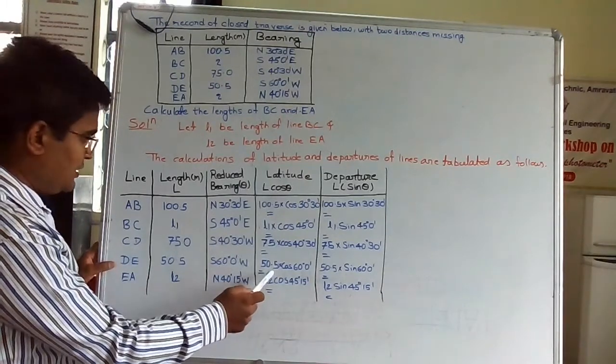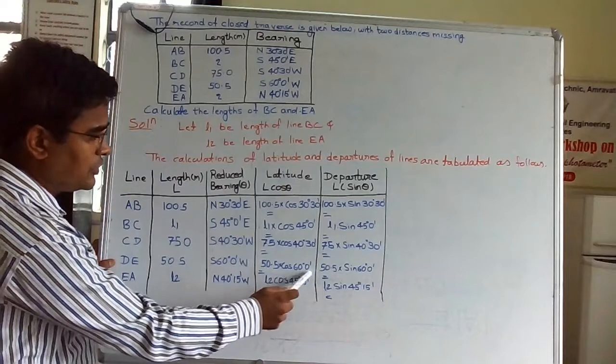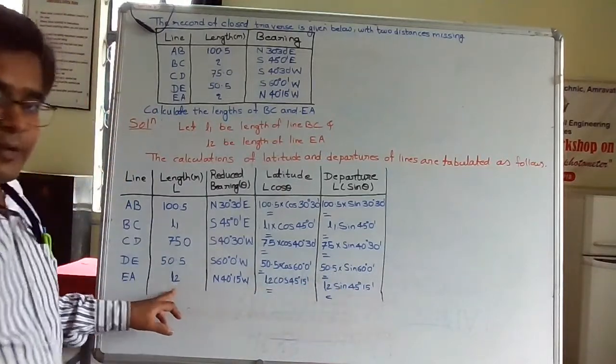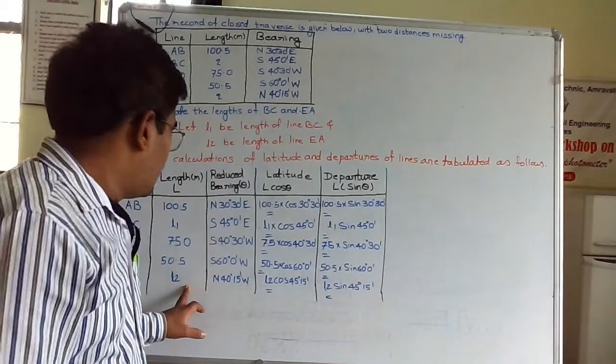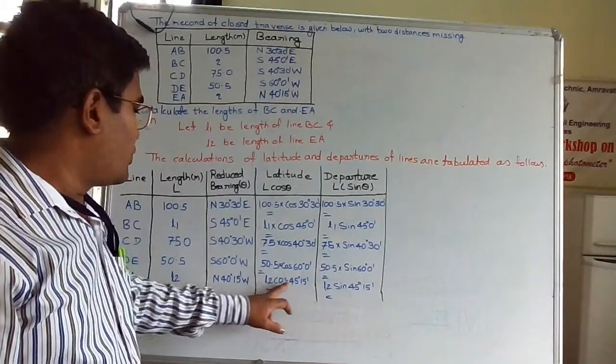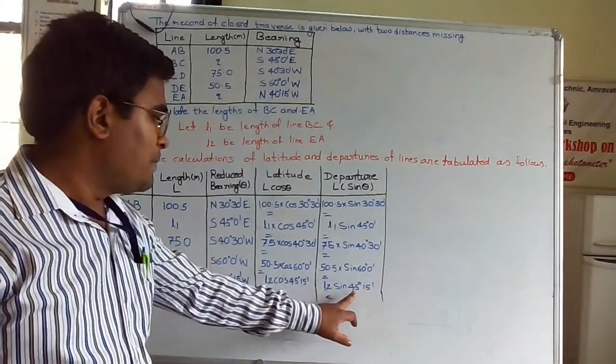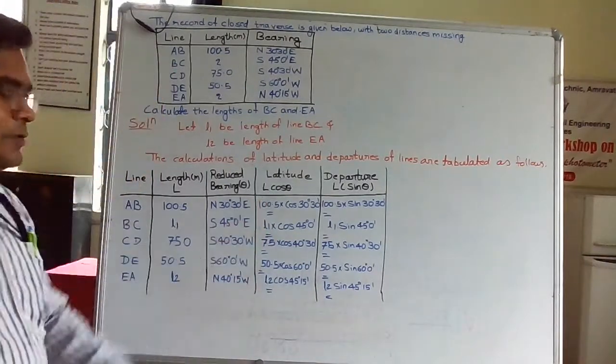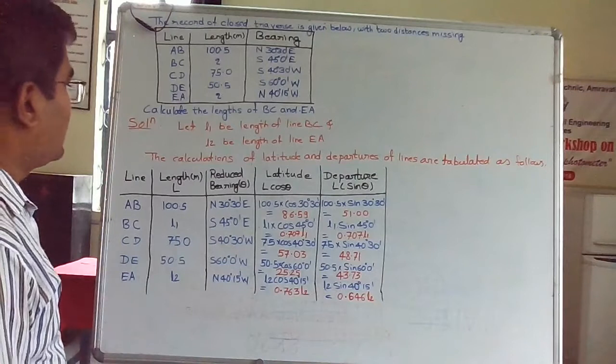Then its latitude will be 50.5 into cos 60 and 50.5 into sin 60. And in the last line EA, we have the length as L2, then its latitude will be L2 cos 45 degrees 15 minutes and departure L2 sin 45 degrees 15 minutes. Okay, calculate these values. So here we have calculated the values.